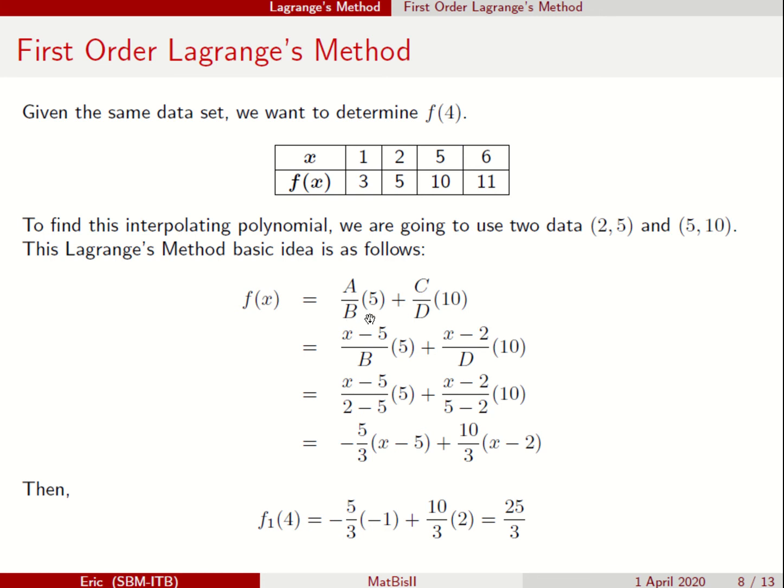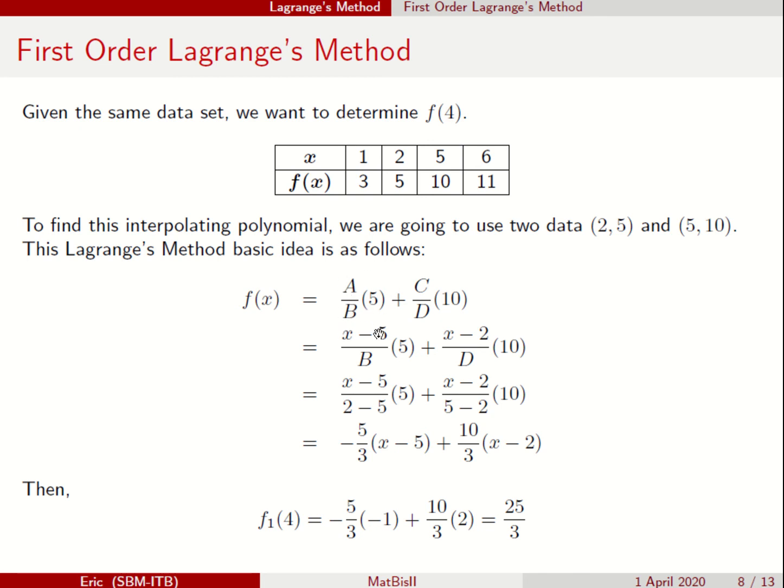Once again, this term corresponds to the data 2, 5, and this term corresponds to the data 5, 10. Because this term just corresponds to 2, 5, I don't want this term to correspond to this data. So when x equals 5, I want this term to be 0.